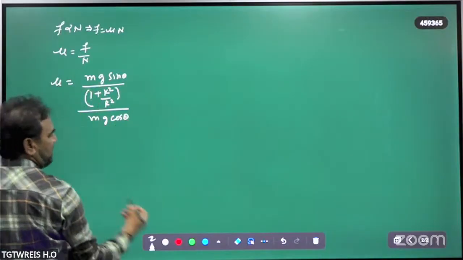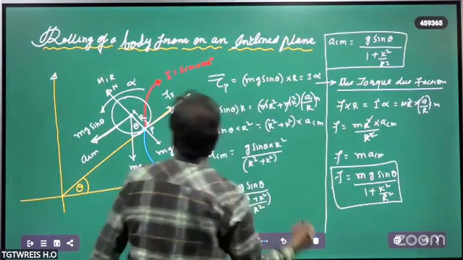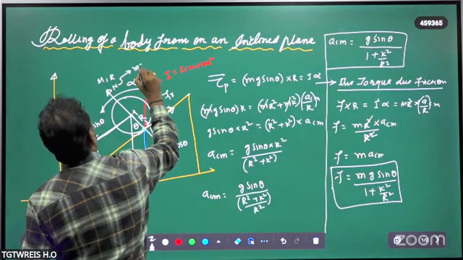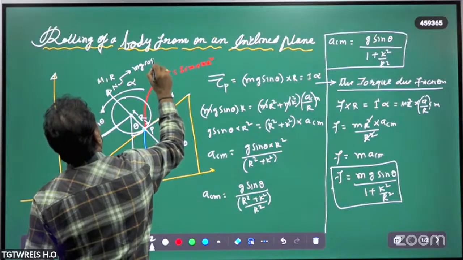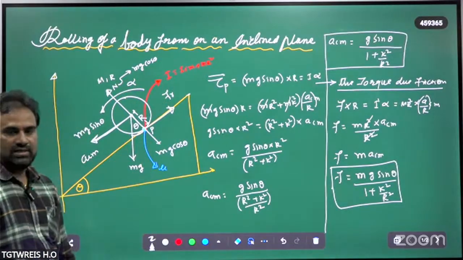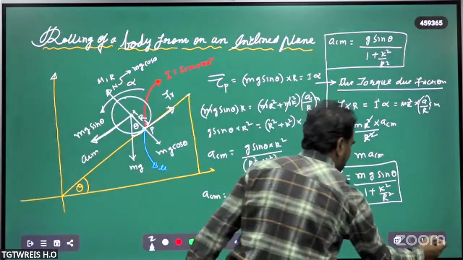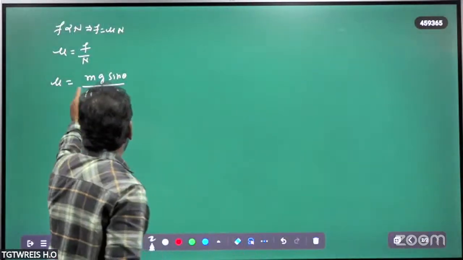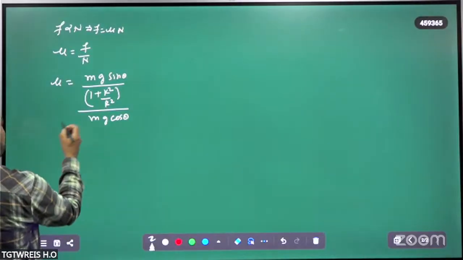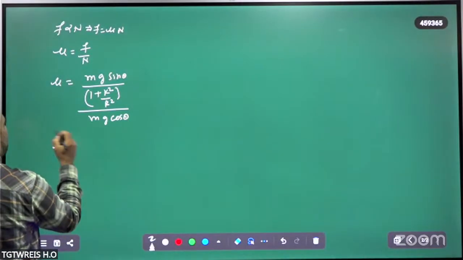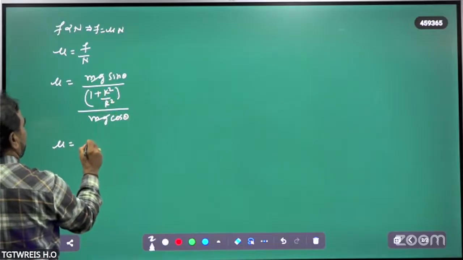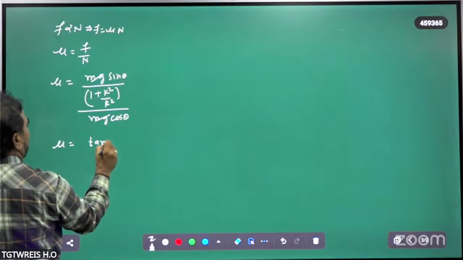The normal reaction force is balanced with mg cos theta. Is it clear? Therefore, mu is equal to mg sin theta upon 1 plus K square upon R square, upon mg cos theta. Here mg gets cancelled out, and sin theta by cos theta would be tan theta.